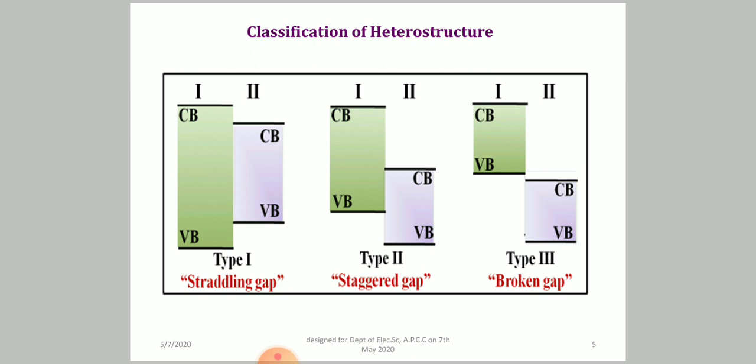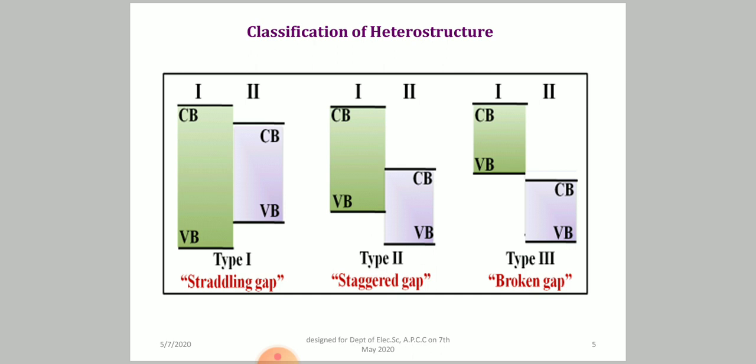So if their band gaps are shared, one is covered by another, it is straddling or type 1. If there is partial overlap, it is type 2 or staggered. If there is no overlap, it is type 3 or broken gap. I will come to each of these cases in more detail with some real examples of semiconductors.